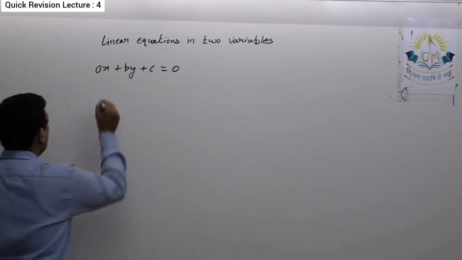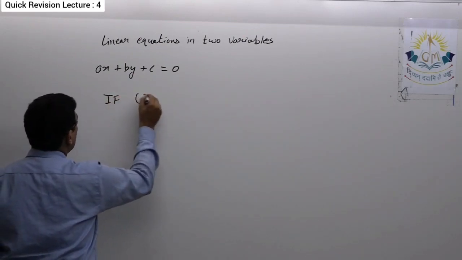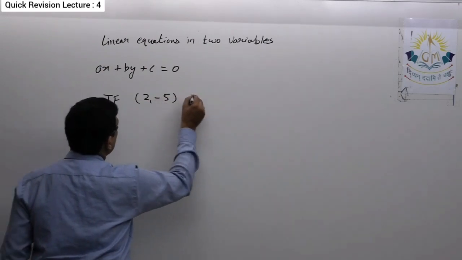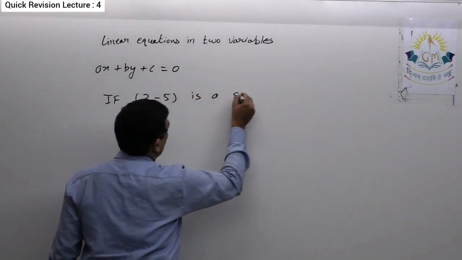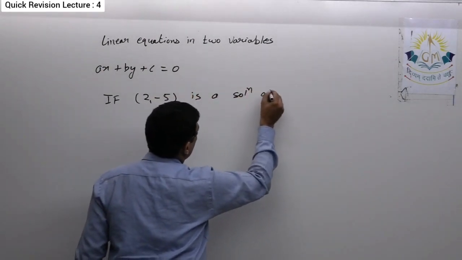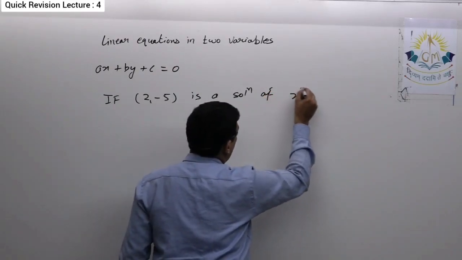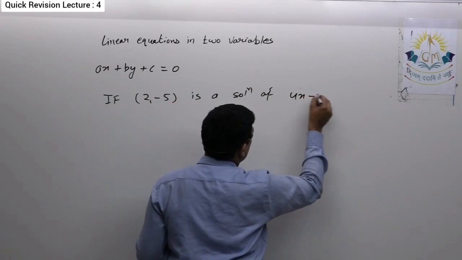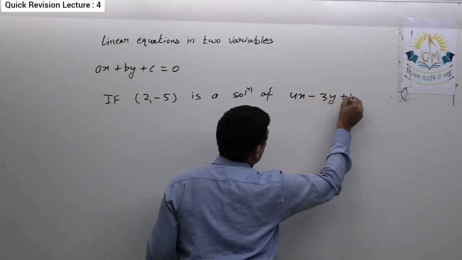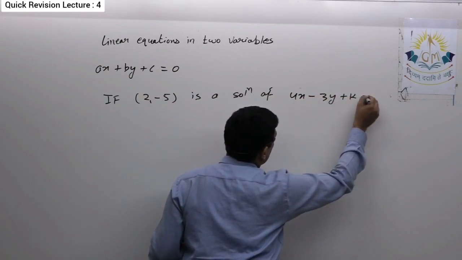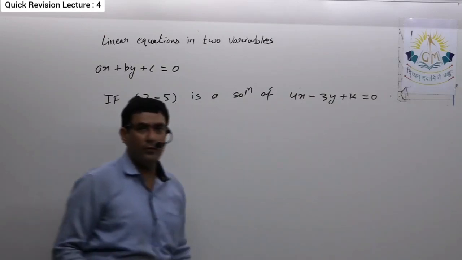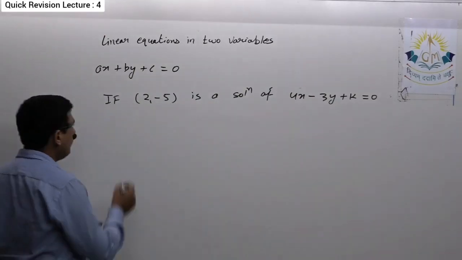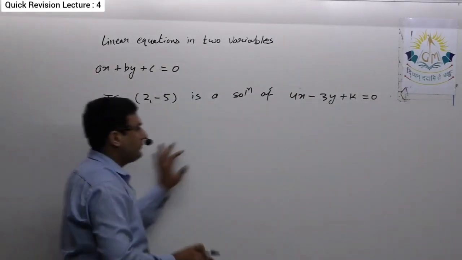For example, the question is like this: if (2, -5) is a solution of 4x - 3y + k = 0, then find the value of k. See, (2, -5) is the solution.